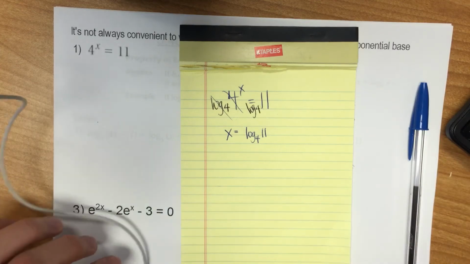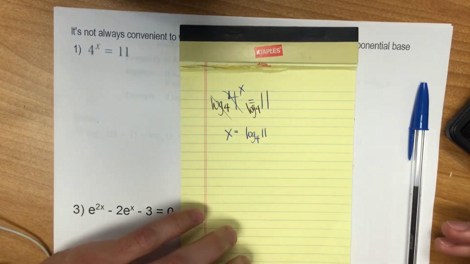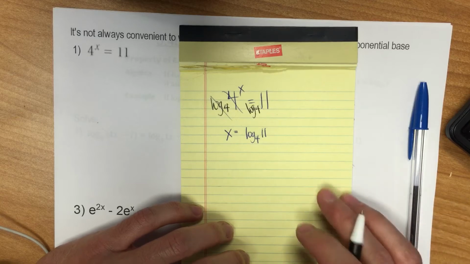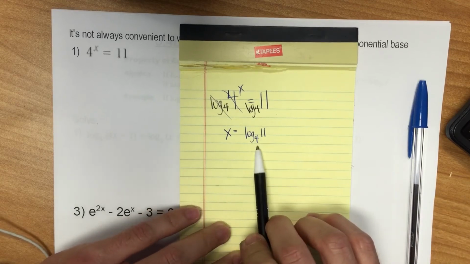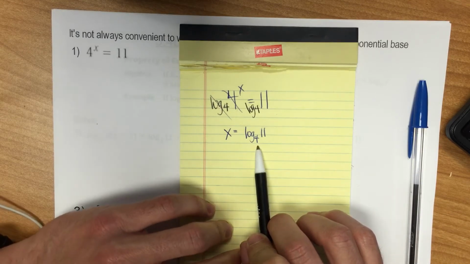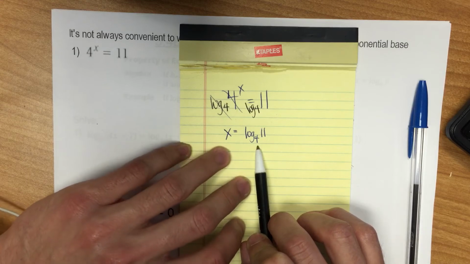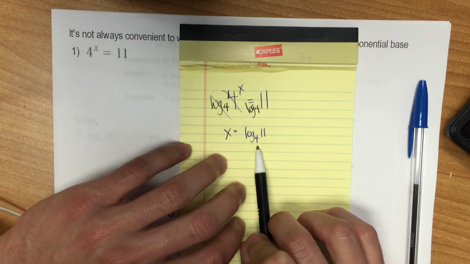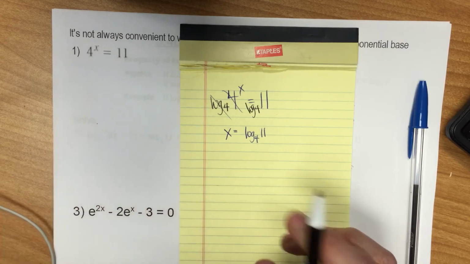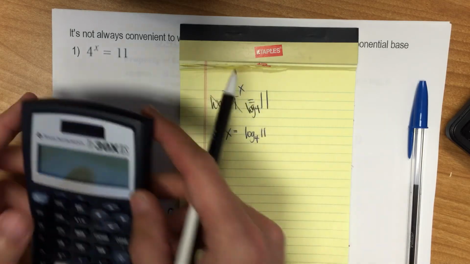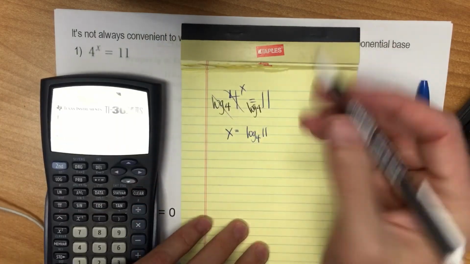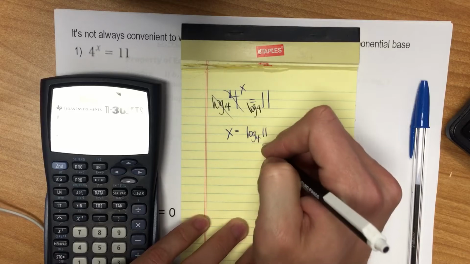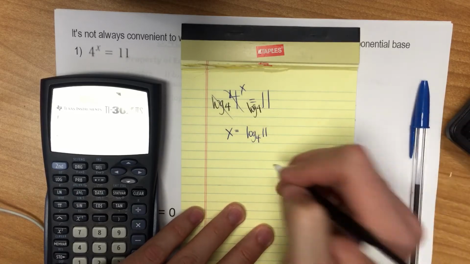That's where the change of base formula comes into play. Remember, the change of base formula is a way to take something like this and evaluate it inside of a calculator that doesn't let you put whatever base you want. So whether you have a graphing calculator or a scientific one like this one, it doesn't really matter. All I'm going to do is change this using the change of base formula, and there's 2 ways to change it.